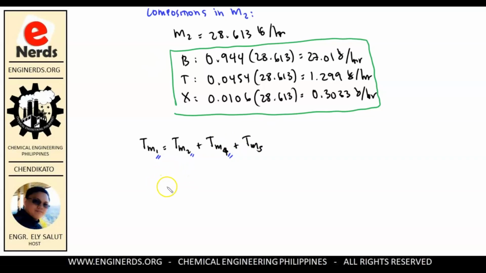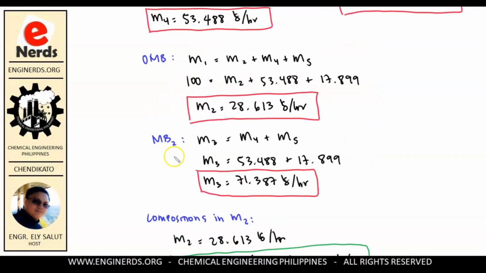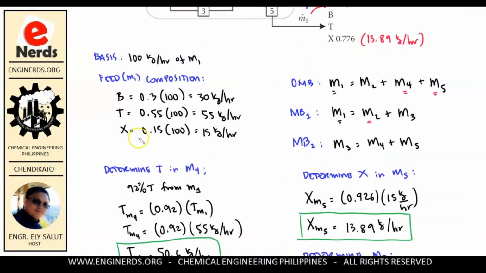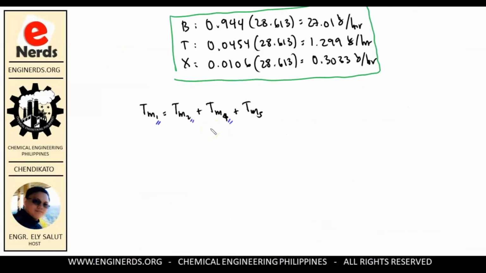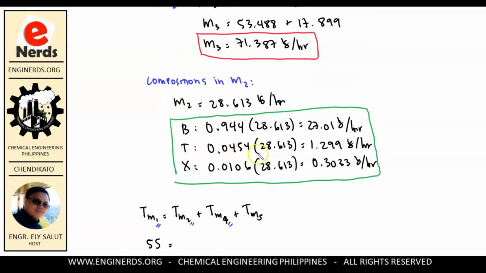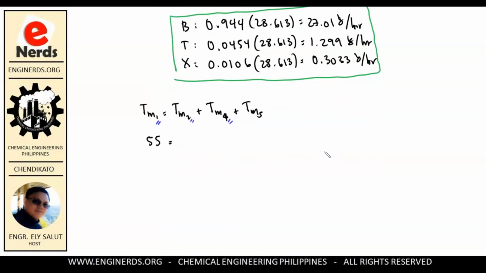Now, our toluene in M1 is equal to 55 kilograms per hour. Okay, so we have here 55 kilograms per hour. Our toluene in M2, nasagutan na natin yan dito. This is 1.299 plus toluene in M4.